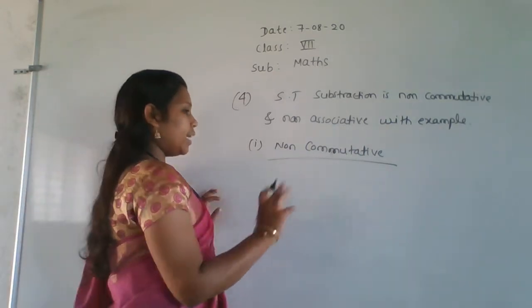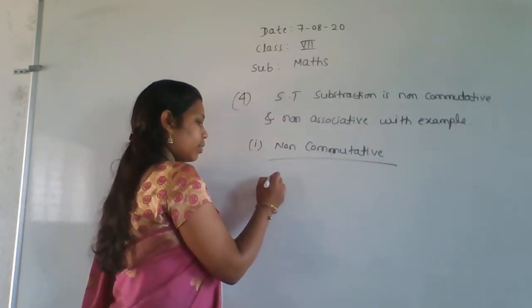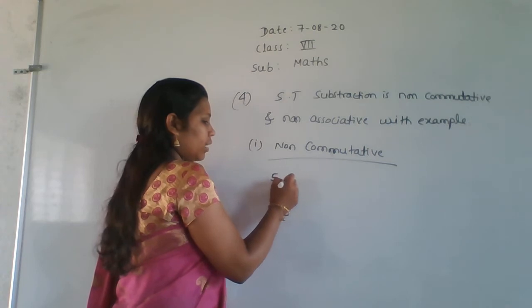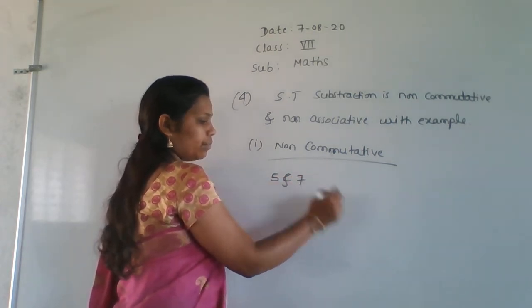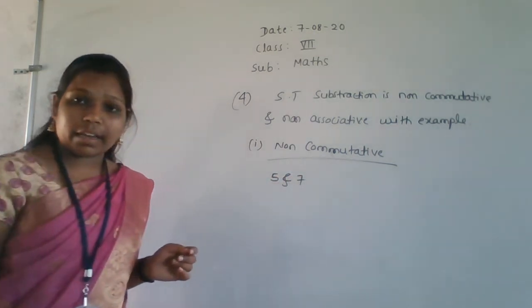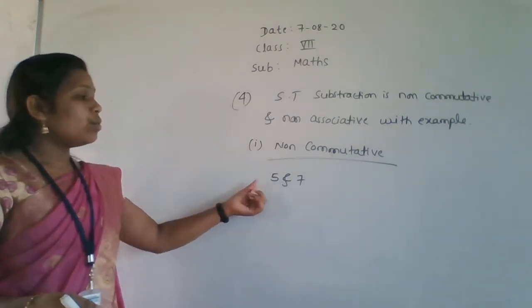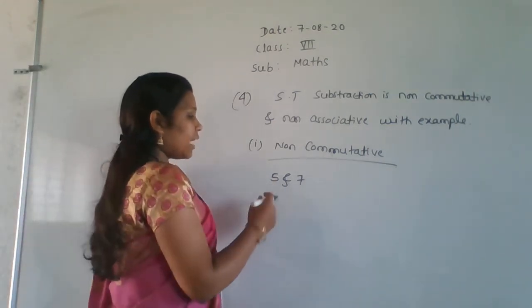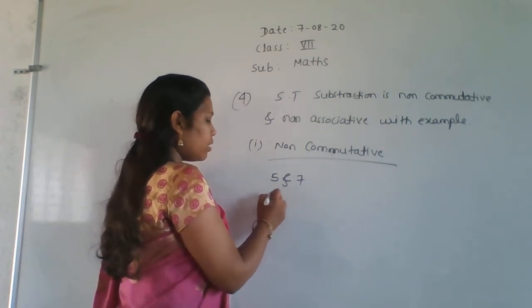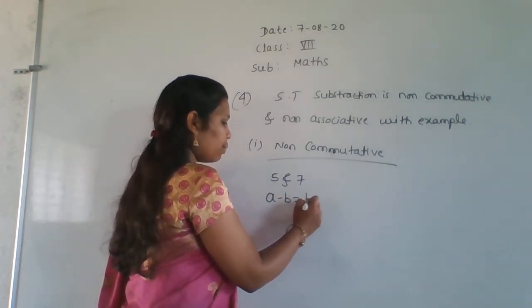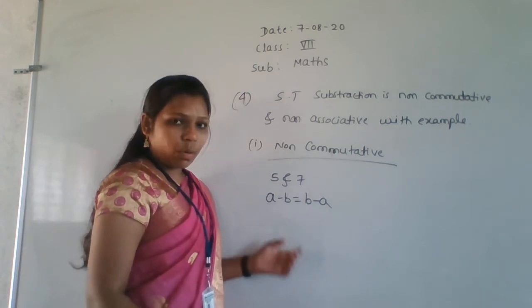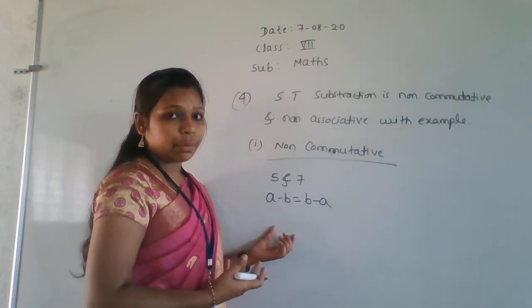Take any two integers. I am taking 5 and 7 as an example; if you want, you can take any numbers. Commutative means A minus B is equal to B minus A. It must hold, then only we can say it is commutative, right?